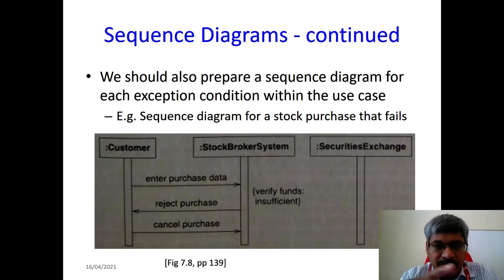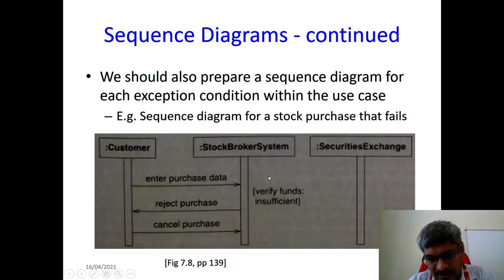Say, for example, you are trying to purchase stocks. You don't always have to succeed. Sometimes it may fail. Why will it fail? Let us see this particular sequence diagram. The customer is there. This time he is trying to make a purchase, and he has entered the purchase data.